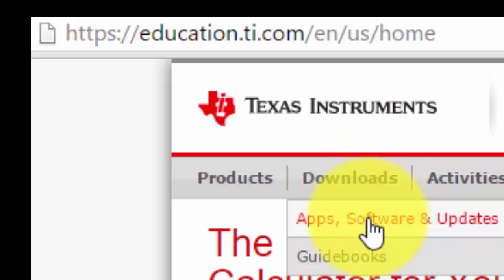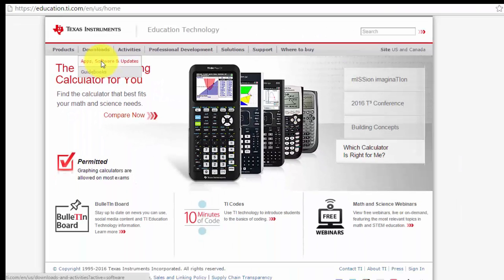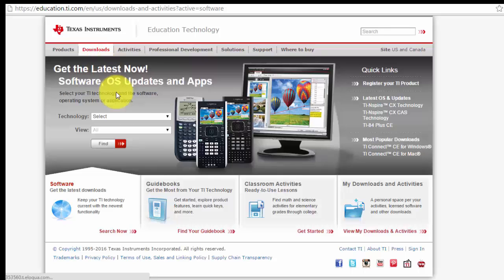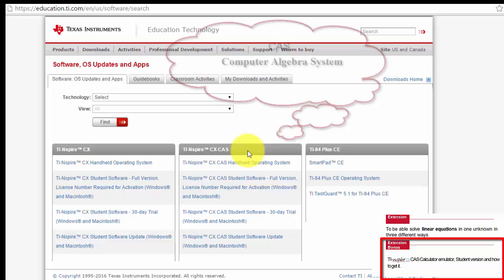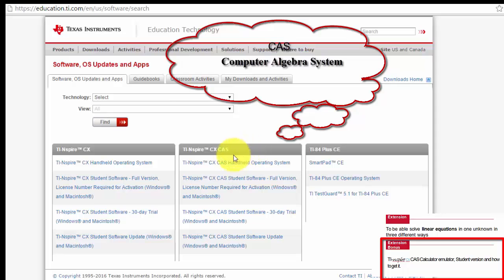Otherwise, you just go here, downloads, app and software update. It takes you here, say software search now, and it comes up. This is what you want. This is TI-Nspire CX. What we have is CAS CX. The difference between CAS and non-CAS is that CAS allows you to solve with algebraic symbols, and it's called computer algebra system.